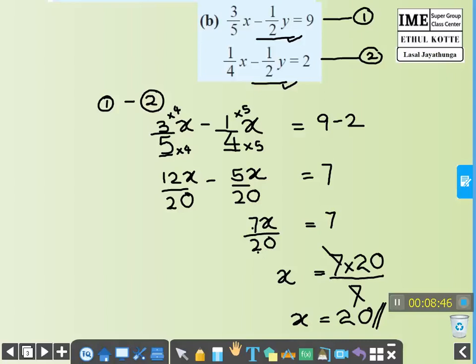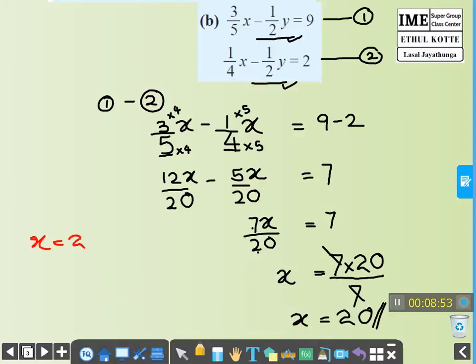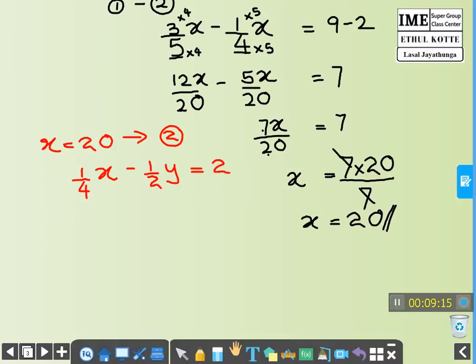So x equals 20, I will substitute into the second equation. 1 upon 4x minus 1 upon 2y equals 2. Right, we'll apply x as 20 here and try to find the value of y.